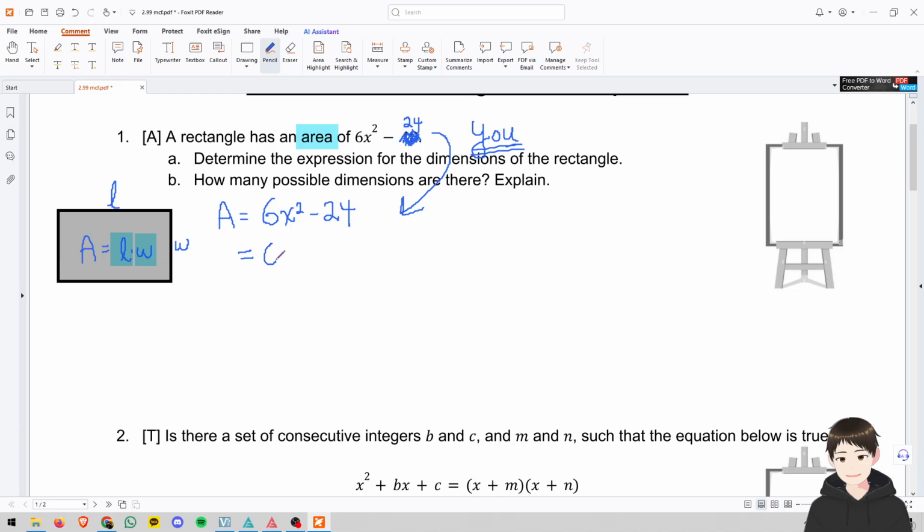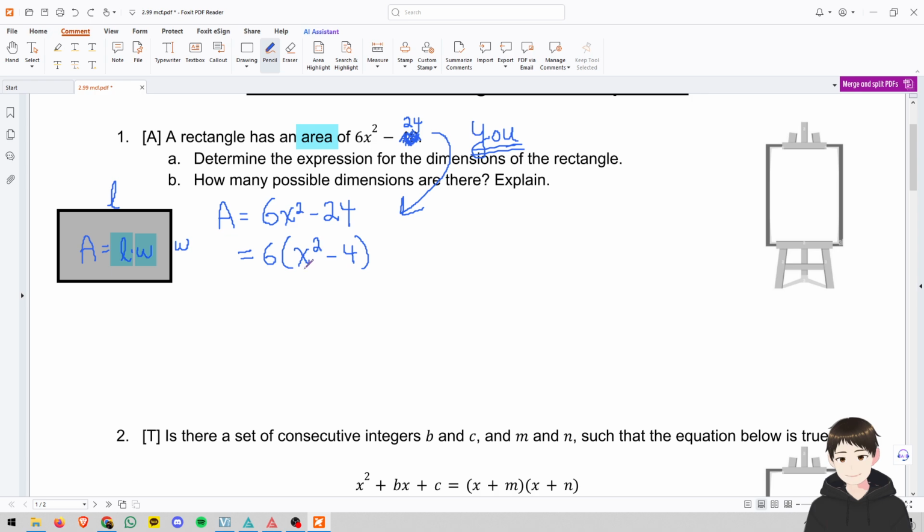I'm going to factor a 6, leaving me with x squared minus 4. You could technically say this is length and that is width, but that is very primitive, and it's not the case considering how we have an x squared here and a nothing there. There's a reason behind what I'm saying, but just believe me for now.